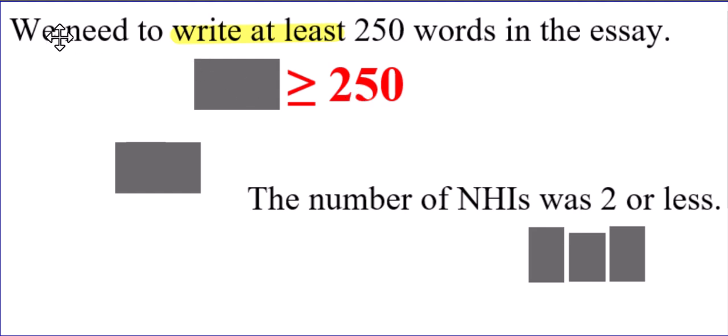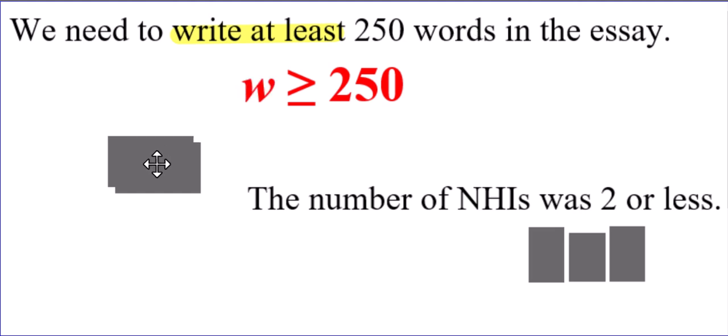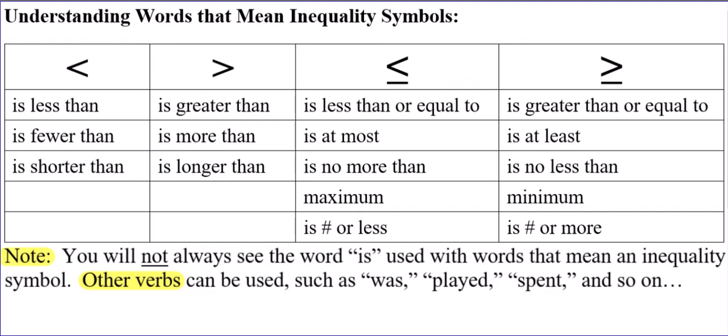Now, what's going to go to the left? Well, what do we need? We need words in our essay. So I'm going to pick W because that's the big idea here, the words that we're needing to write in our essay. Last one, the number of NHIs was 2 or less. A number or less. That actually was in the chart.